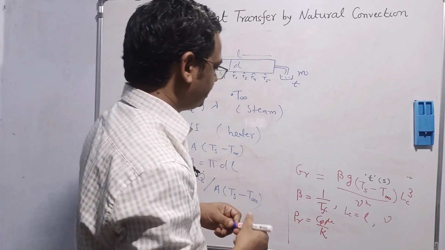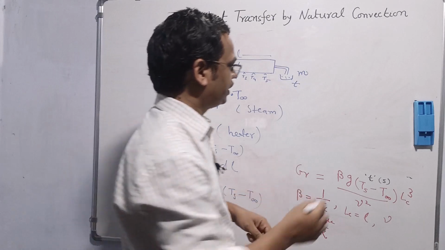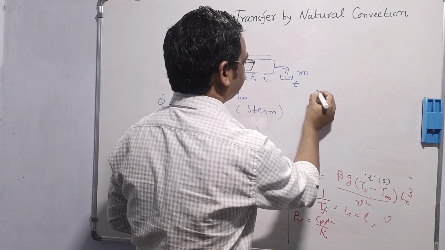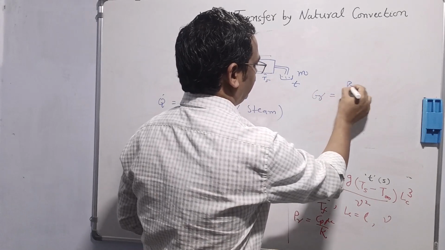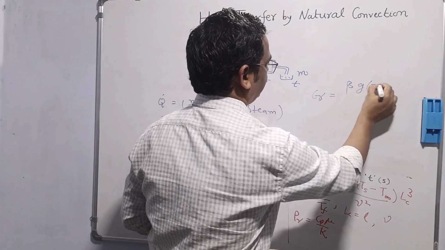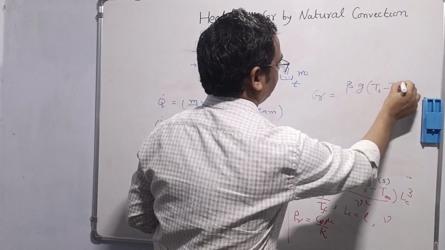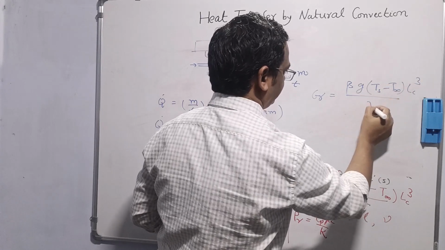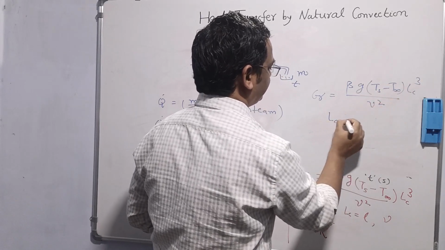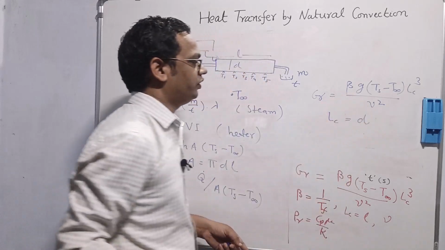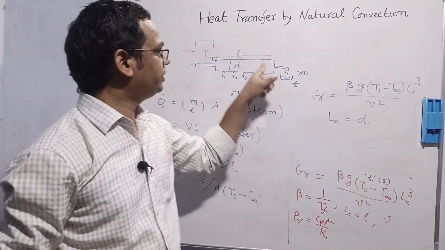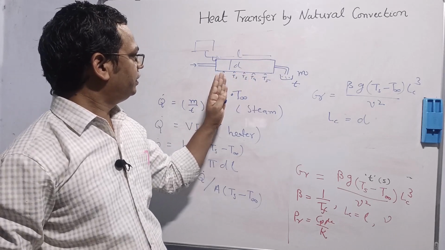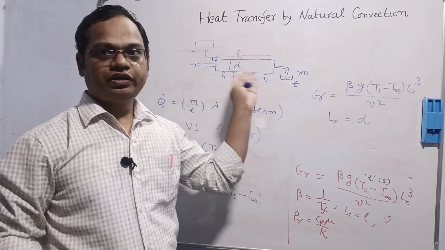Now coming to the theoretical study, this one. So now Grashof number will be, this time, beta g, Ts minus T infinity, Lc cubed, divided by nu squared. Here Lc this time will be D, not L but D, diameter of the tube, because buoyancy effect is working in this case normal to the axis of the tube.